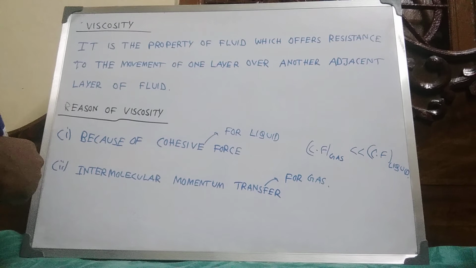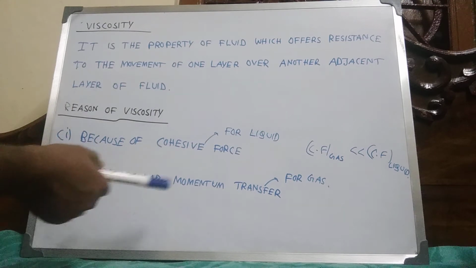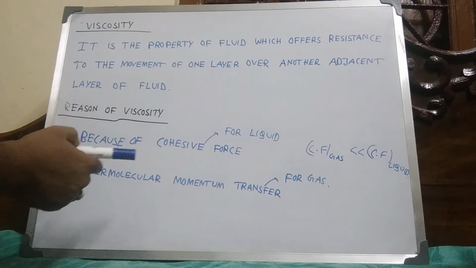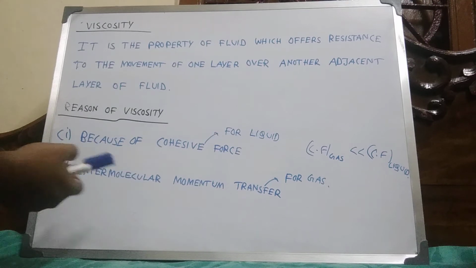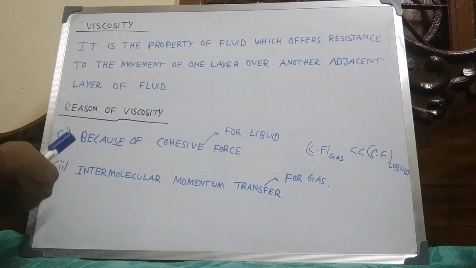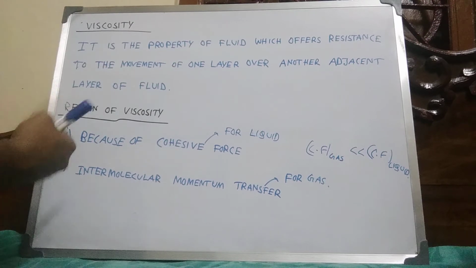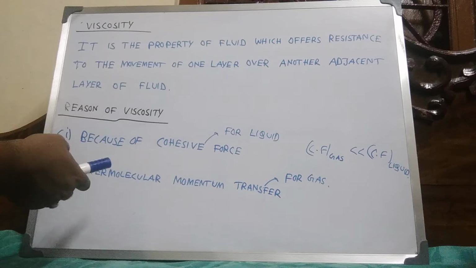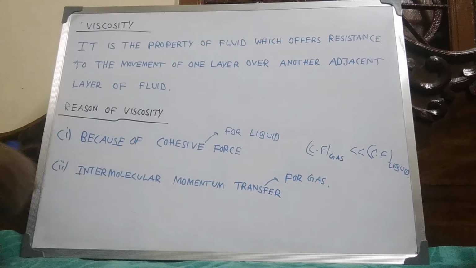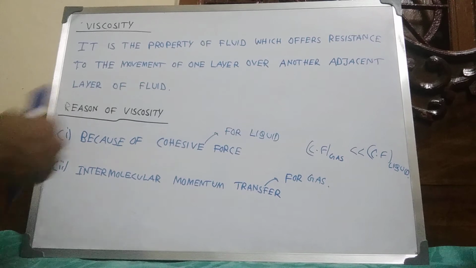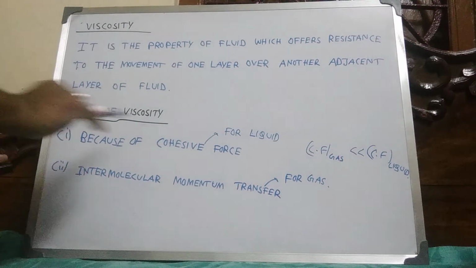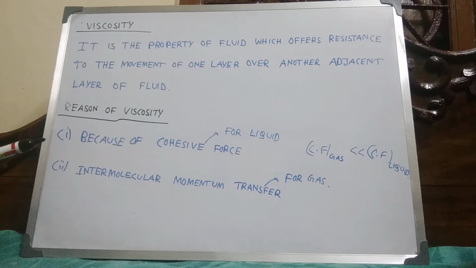For particular molecules of gas have mass and velocity and give momentum, and after collision give momentum transfer. Due to the frictional force, viscous effects are generated in gas. This is the intermolecular momentum transfer.